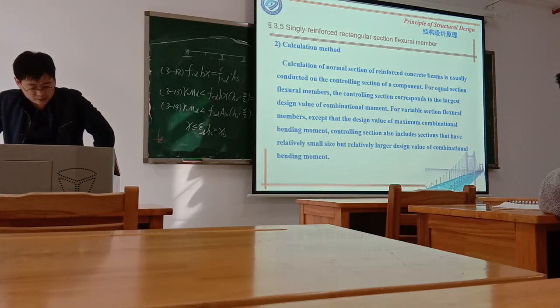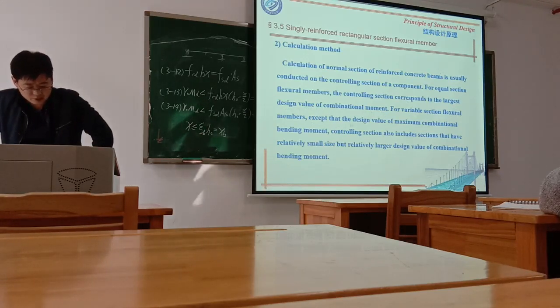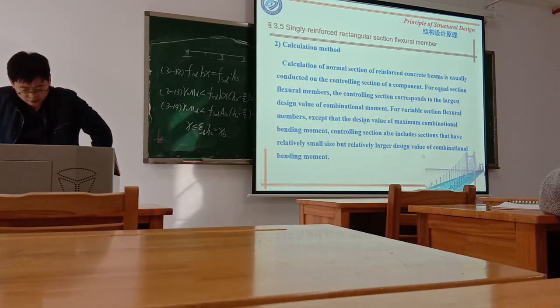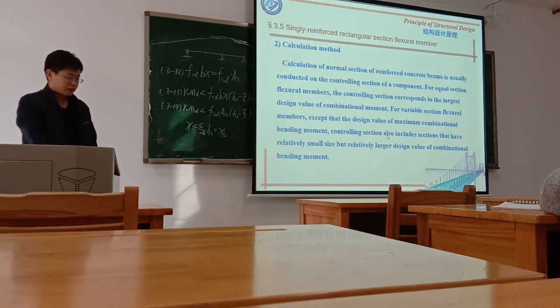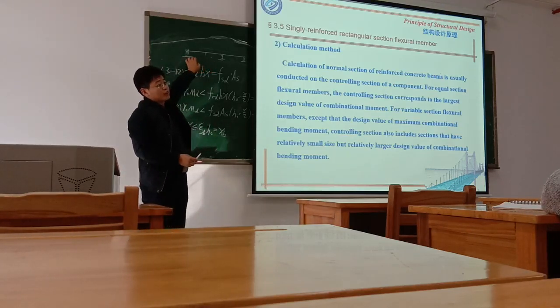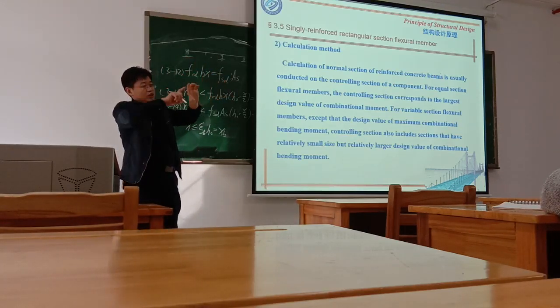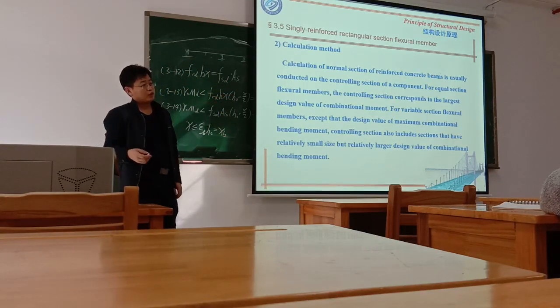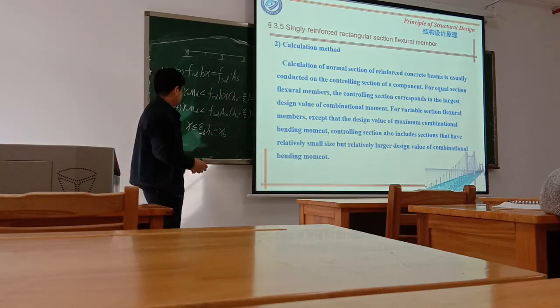For equal section flexural members, the control section corresponds to the largest design value of the combination moment. For variable section flexural members, except for the design value of the maximum combination bending moment, the control section also includes sections that have a relatively smaller size but a relatively large design value of combination. So that means in this situation, the section along the span is not all the same.